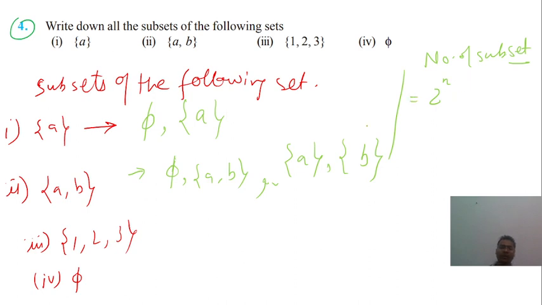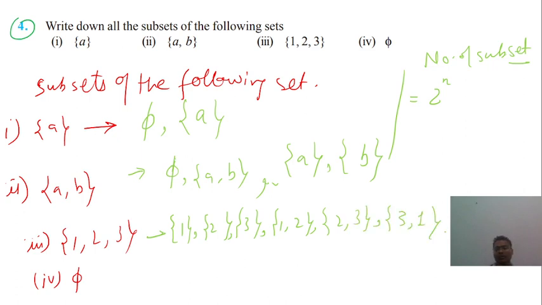Okay, coming to question number 3, we will put all the elements separately: {1}, {2}, {3}, {1, 2}, {2, 3}, {3, 1}. Okay, we write 6 sets, and the 2 other sets are the empty set and {1, 2, 3}.